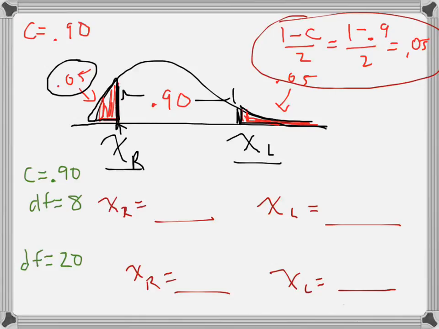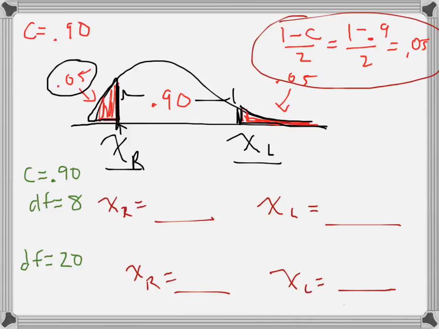Okay, so actually right now is where I embarrass myself a little bit and tell you that you can't use the backside of the t tables for the area on the left. In fact, the ones on the back of the t table only give you the value to the right, so you can only find the chi-square to the left, not the ones to the right.